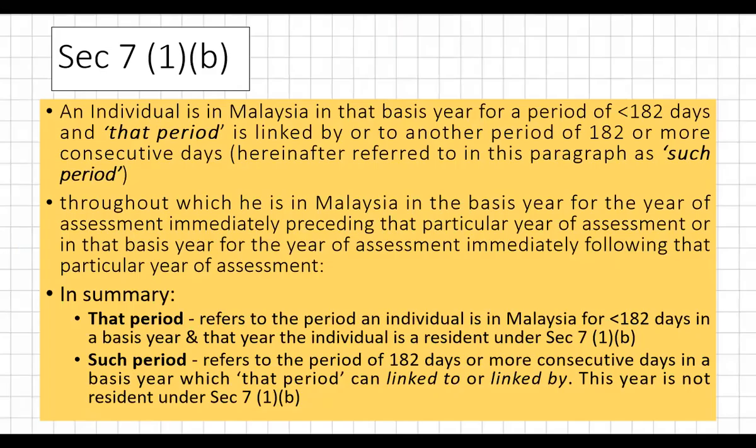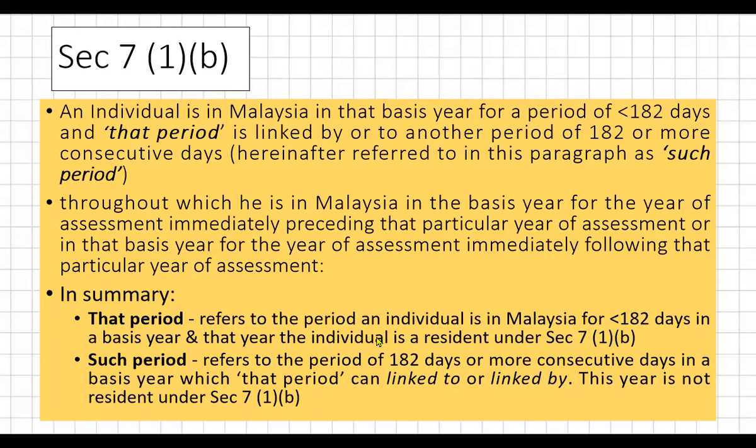So for section 7.1B, it is a basis year for a period of less than 1 year, if the person stays in Malaysia for less than 182 days. So what happens? That period, the other period of less than 182 days, refers to that period. In summary, it will give 2 periods. One period is called that period, and the other period is called such period.